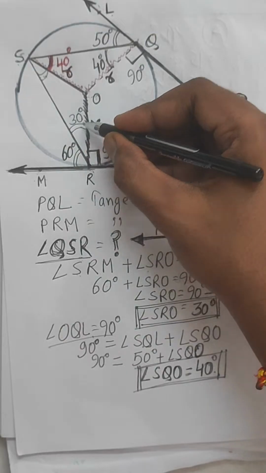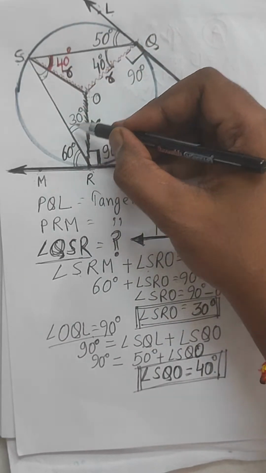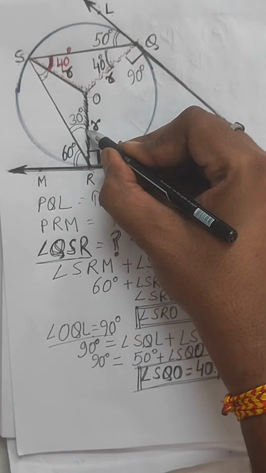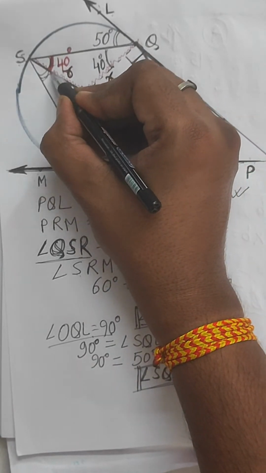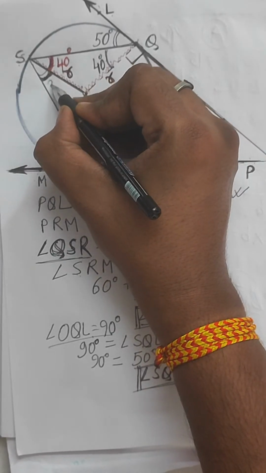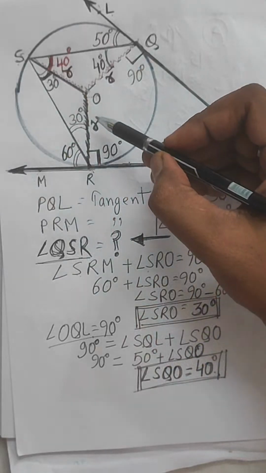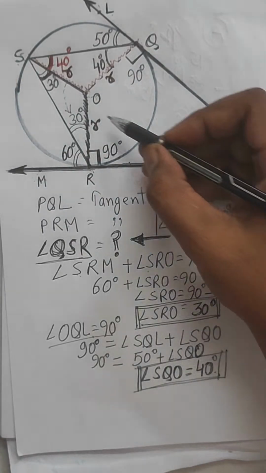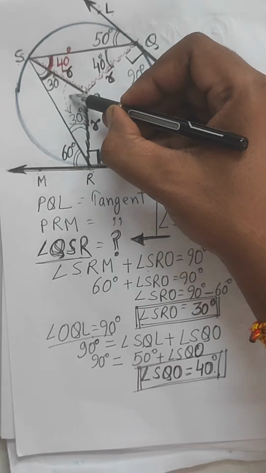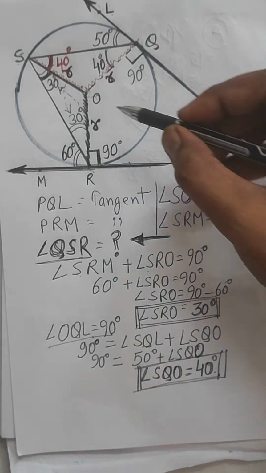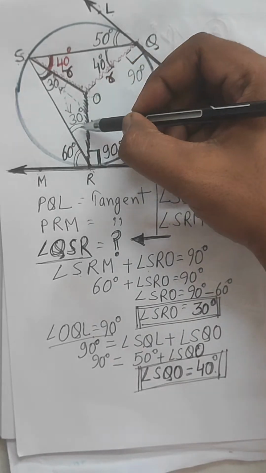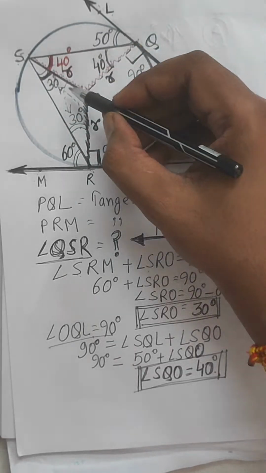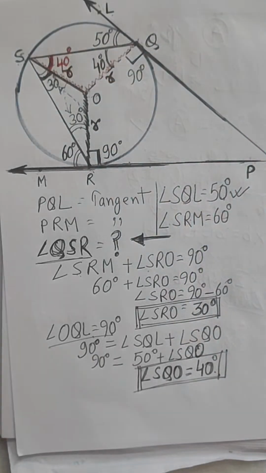Why? Because these are the angles opposite the equal sides of triangle ORS. So if this angle is 30, this will also be equal to 30, because the radii of a circle are always equal.